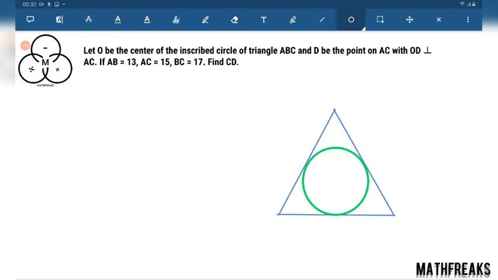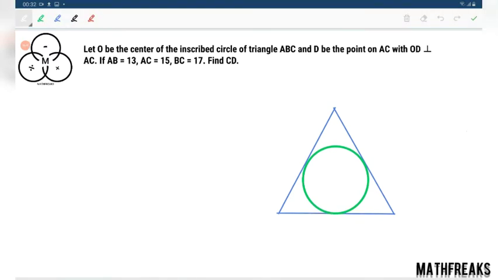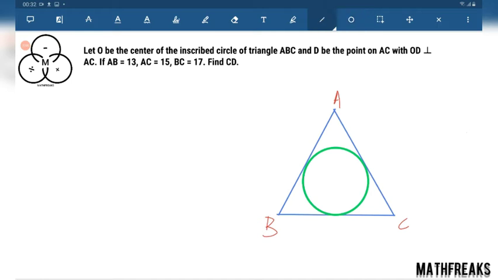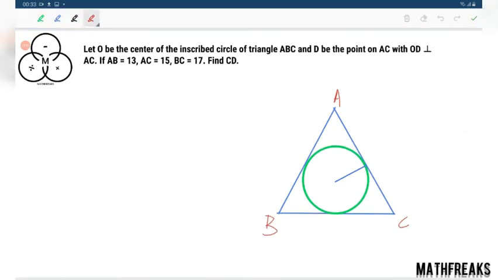This is A, this is B, this is C. D is the point on AC with OD perpendicular to AC.